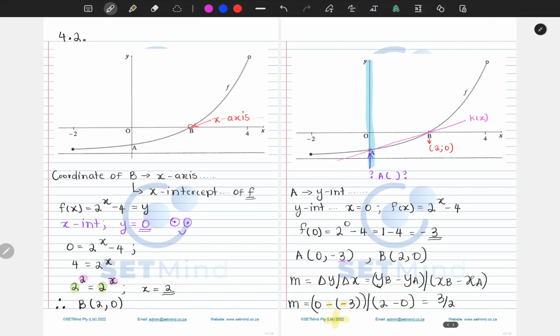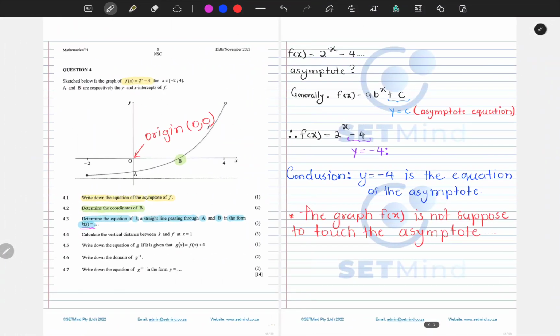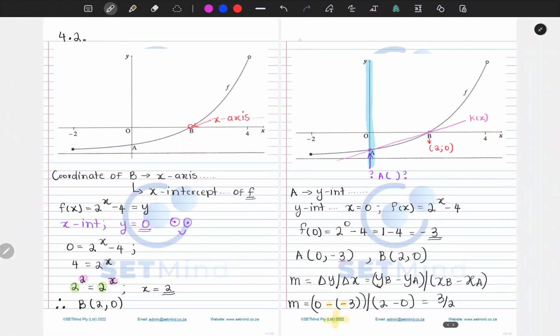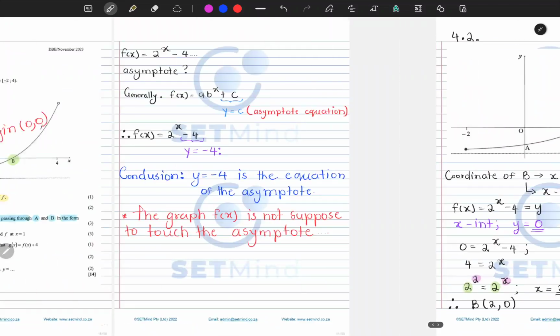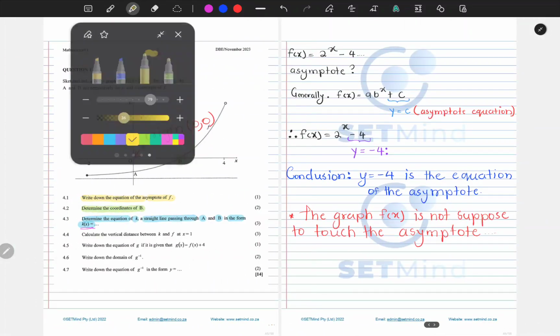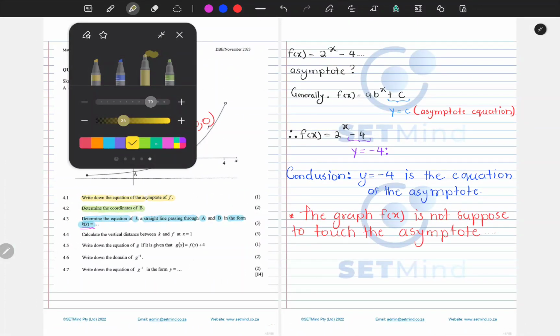This is what the final equation k of x is, and this answers question 4.3. I hope this does make sense. Just make sure that you understand every step which we took here to get to the final answer. So let's go to the next question.